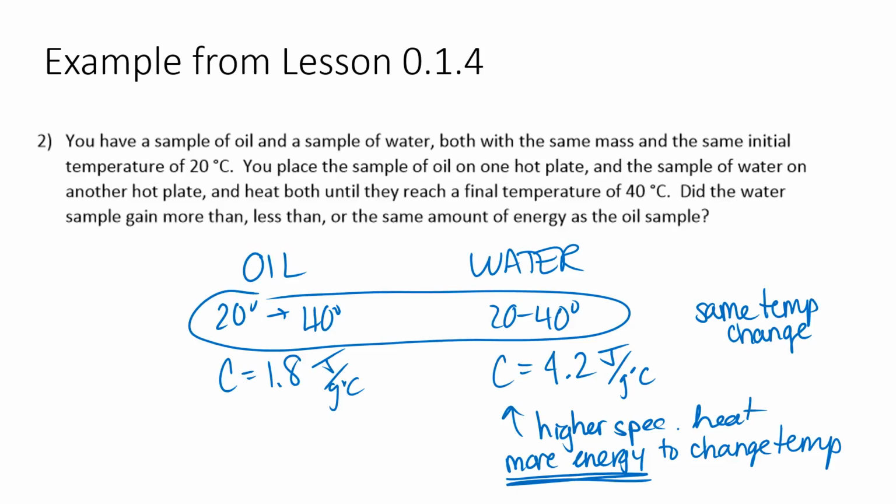Again, lower specific heat over here, a low specific heat value means it is easier to heat. Water has the higher specific heat, so the water gained more energy than the oil because it's harder to change the temperature of the water than the oil.